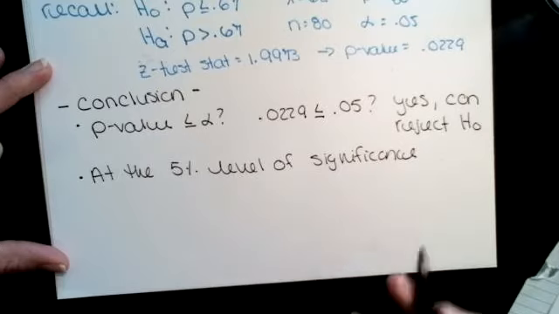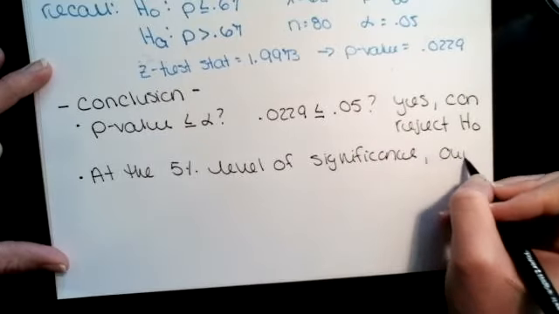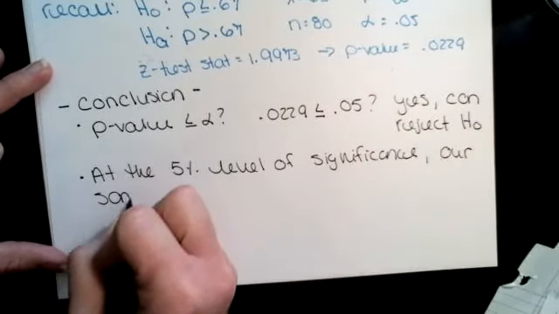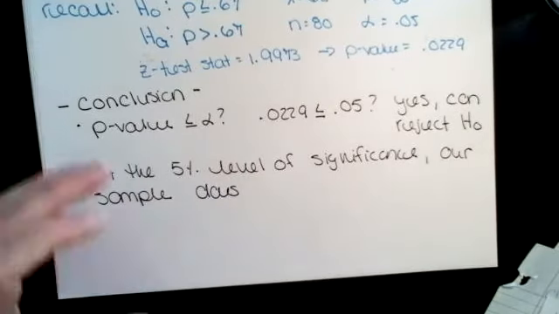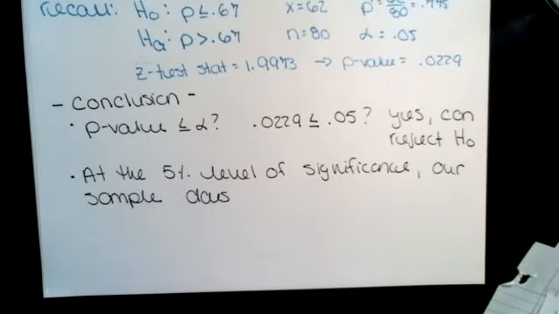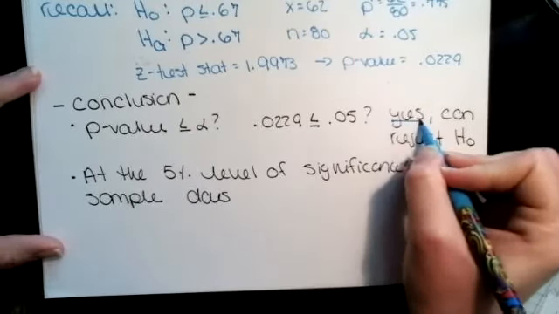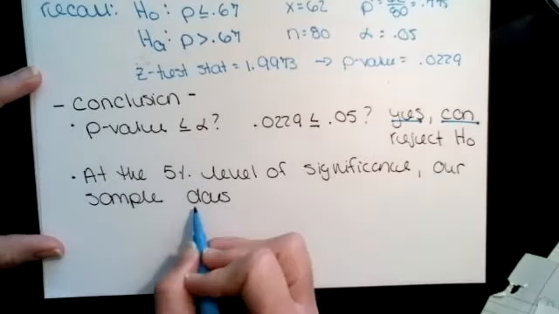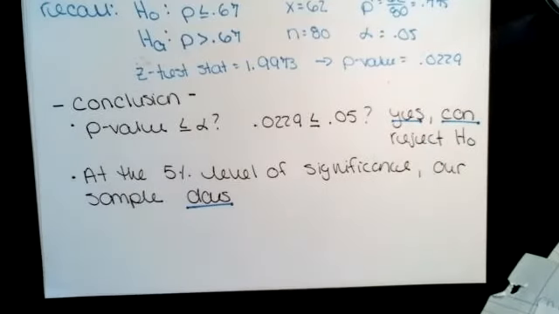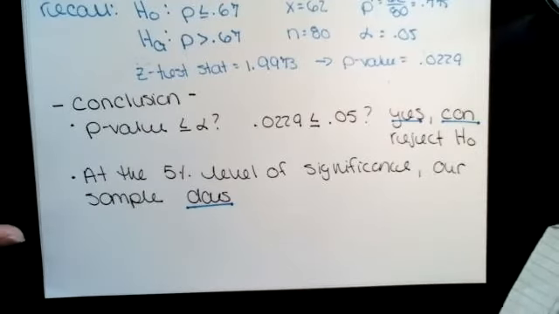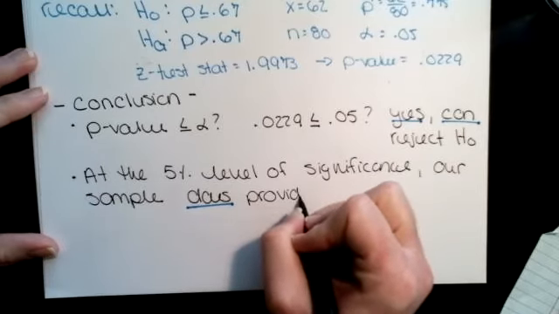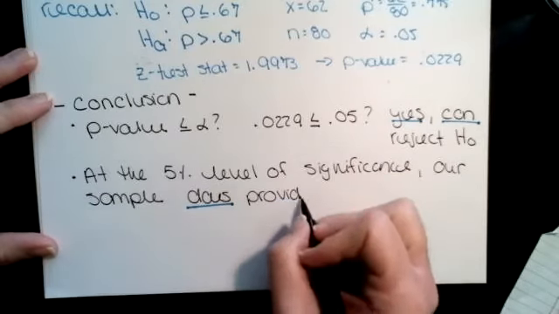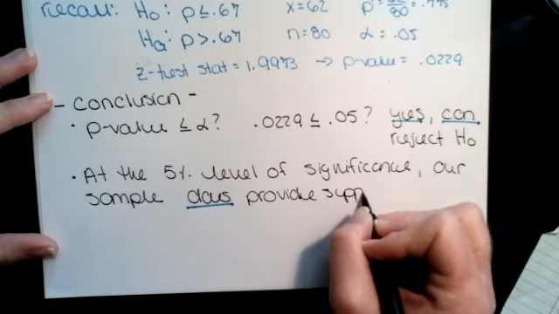So at the 5% level of significance, our sample does provide support. Now I'm answering this with a does because I said yes here. I can reject the null, does support.